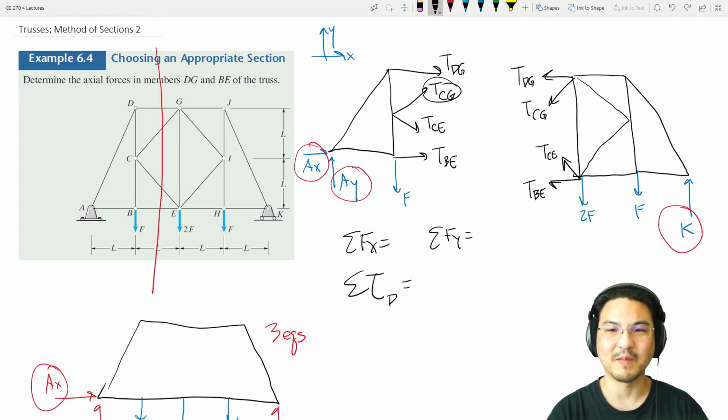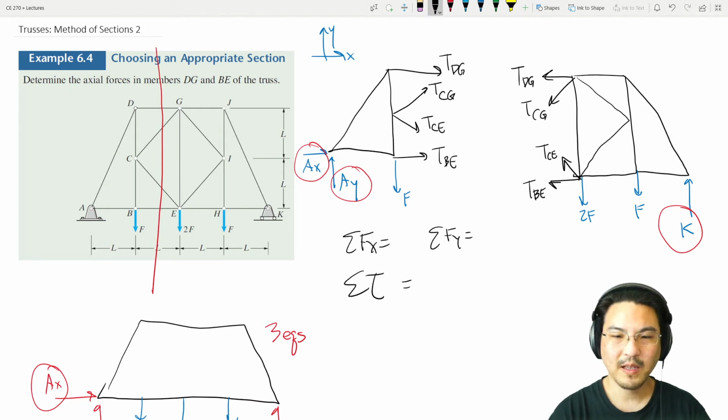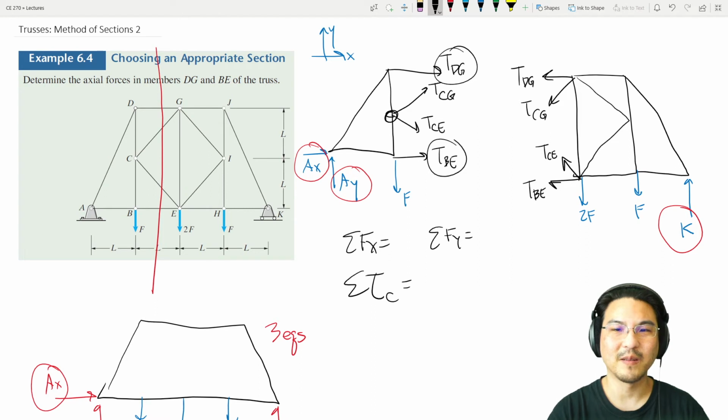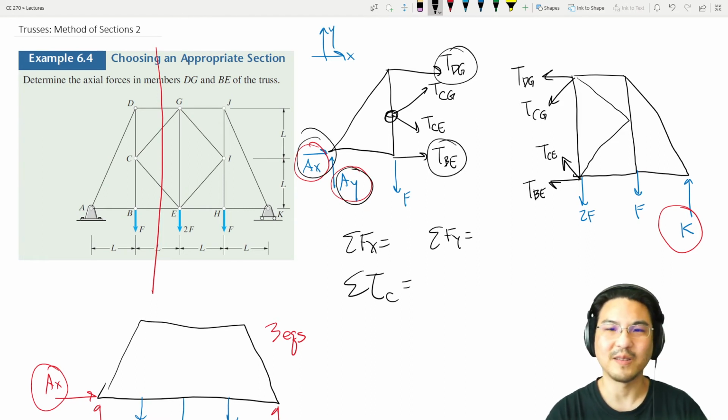So that doesn't really help. If we sum torque about point C, that seems clever, because about point C, there's no torque from this or this. There's only torque from that, this, and this. So still, that doesn't really help.